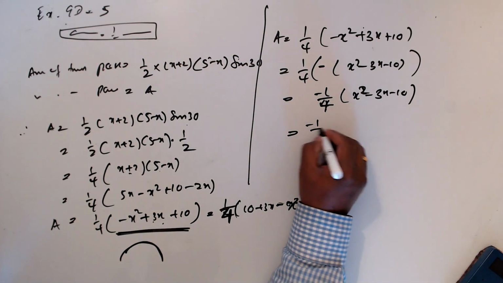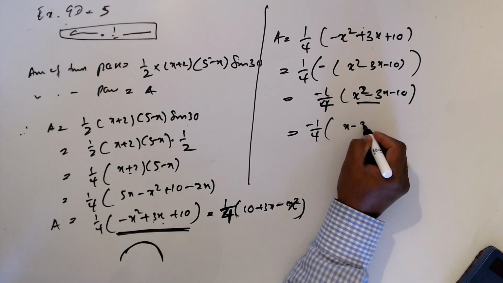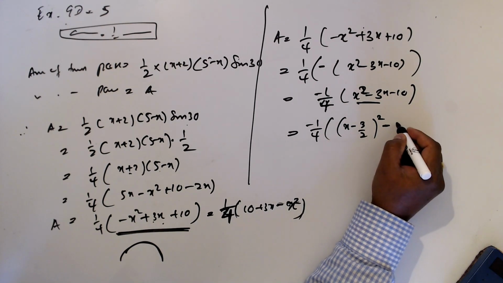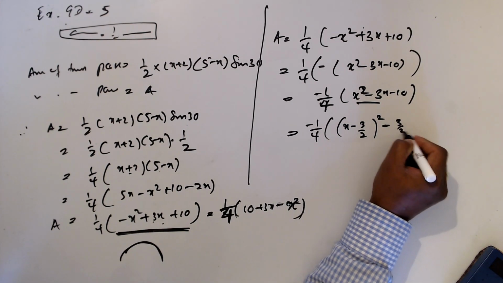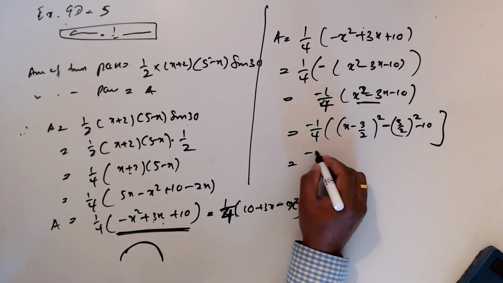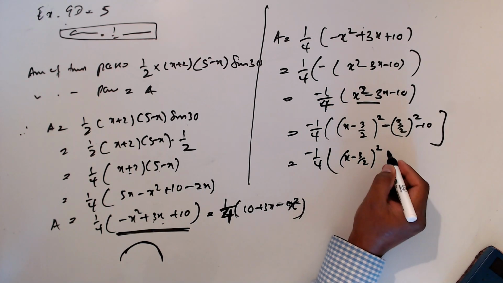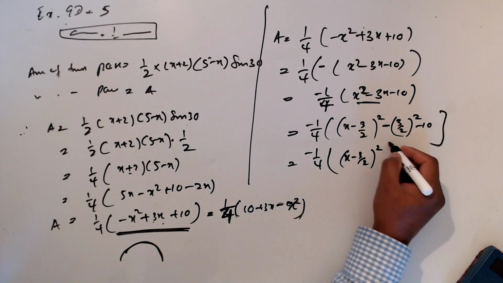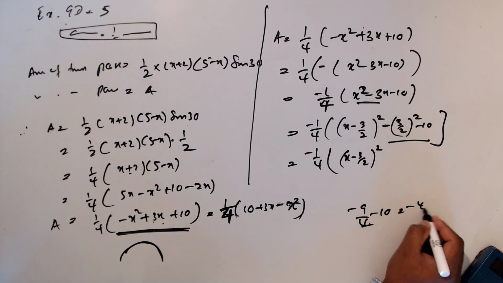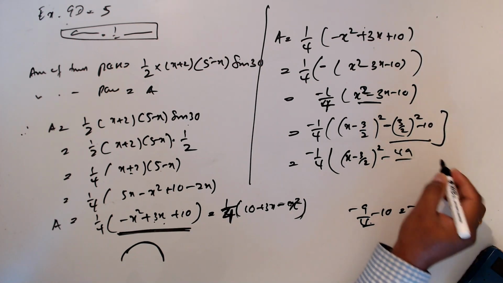So this is minus 1 over 4 times (x minus 3 over 2) square minus (3 over 2) square minus 10. So minus 1 over 4 (x minus 3 over 2) square minus 9 over 4 minus 10, which is minus 49 over 4, and this becomes plus 49 over 4.